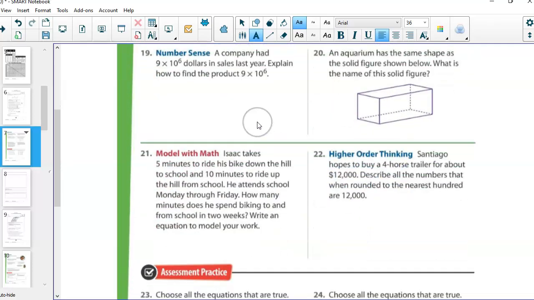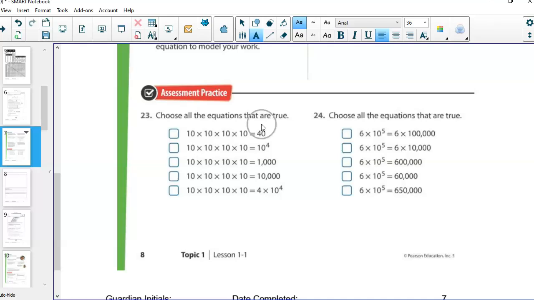And then we're going to go down to number 24. It says choose all the equations that are true. Okay, so we're going to choose all the equations that are true. So if you're looking at this first one, we have 6 times 10 to the 5th.